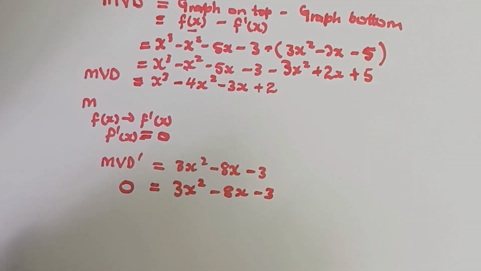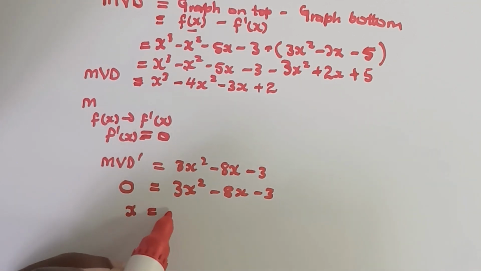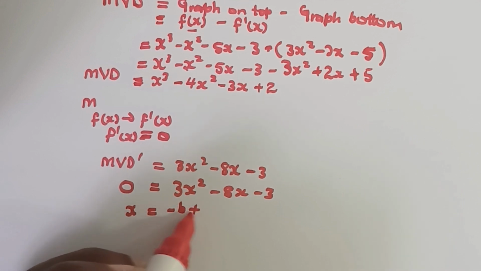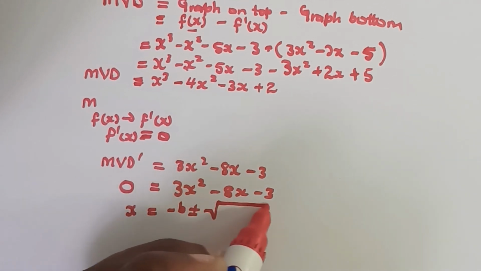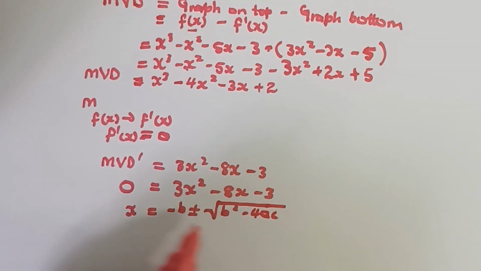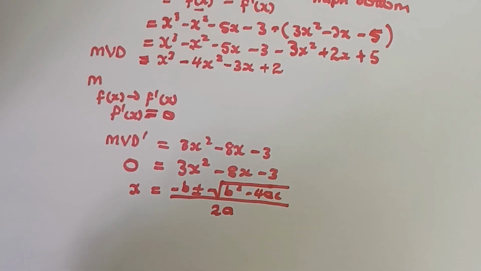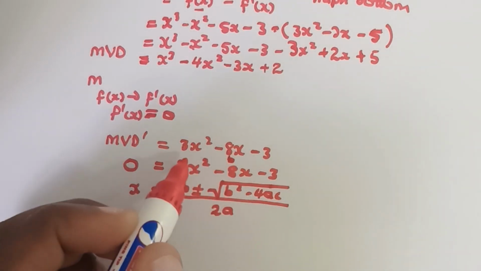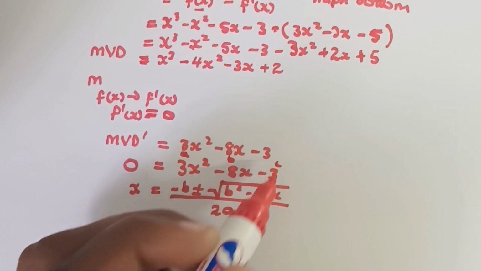And now let's find the x values here. We can use the quadratic formula, which is negative b plus or minus the root of b squared minus 4ac, all over 2a. Here this is b, this is a, this is c.